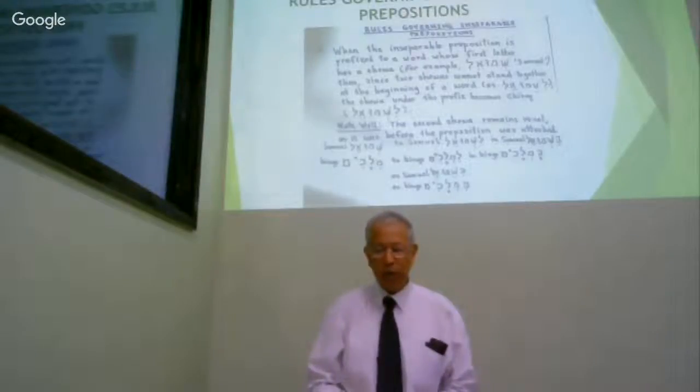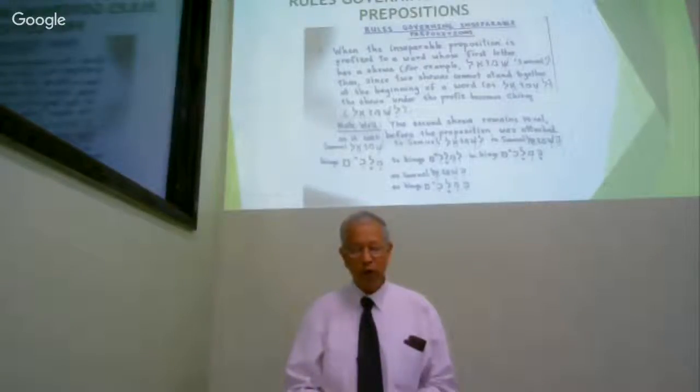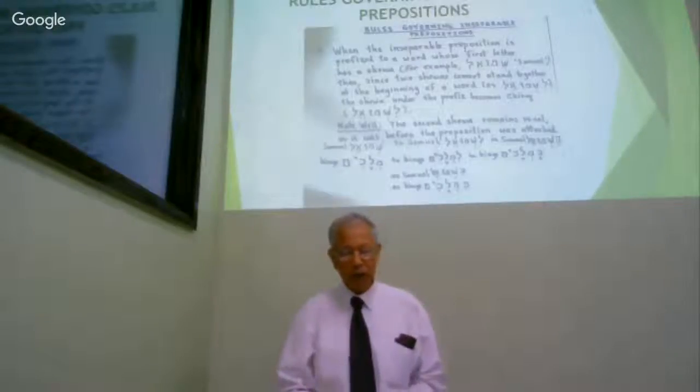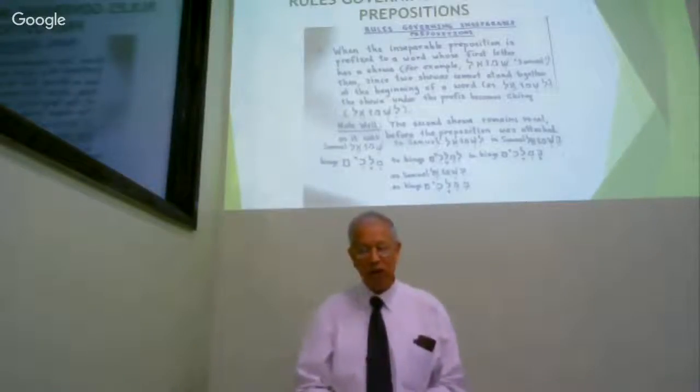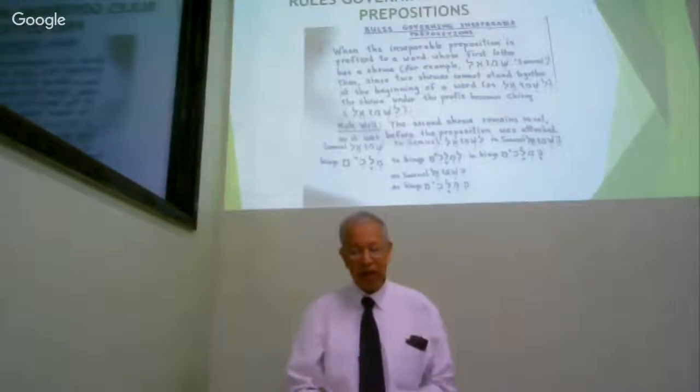Notice that Shemuel begins with a shin, and under the shin you have the 2 vertical dots that were under the inseparable prepositions lamed, beth, and kaf. So Shemuel starts with a shin and the simple shewa.